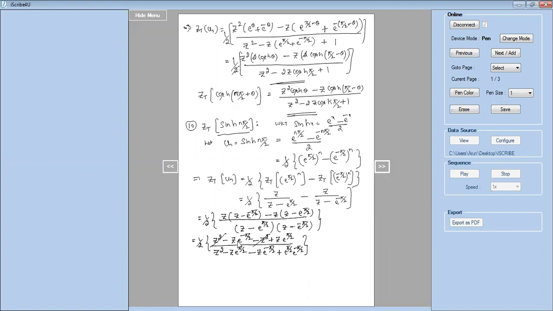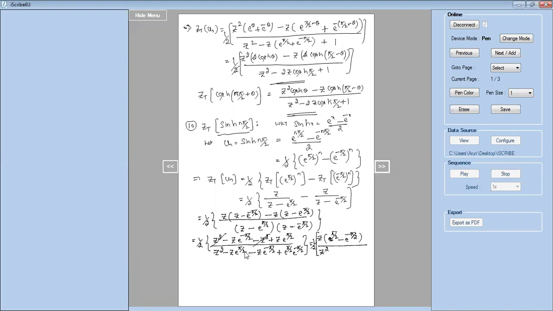Now from these two terms, from second and last term, I can take z common. So if I take z common, see 1 by 2 outside, 1 by 2 into z common, this becomes e power pi by 2, and this is minus e power minus pi by 2. It is e power pi by 2 minus e power minus pi by 2 divided by denominator z square.